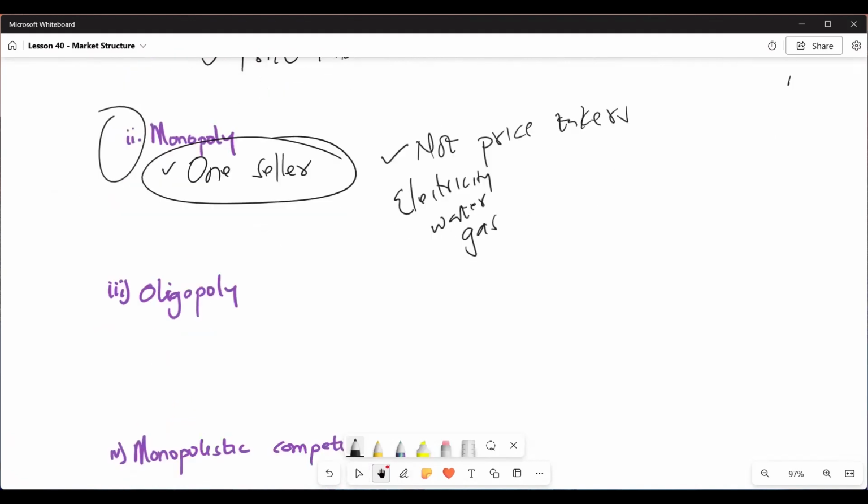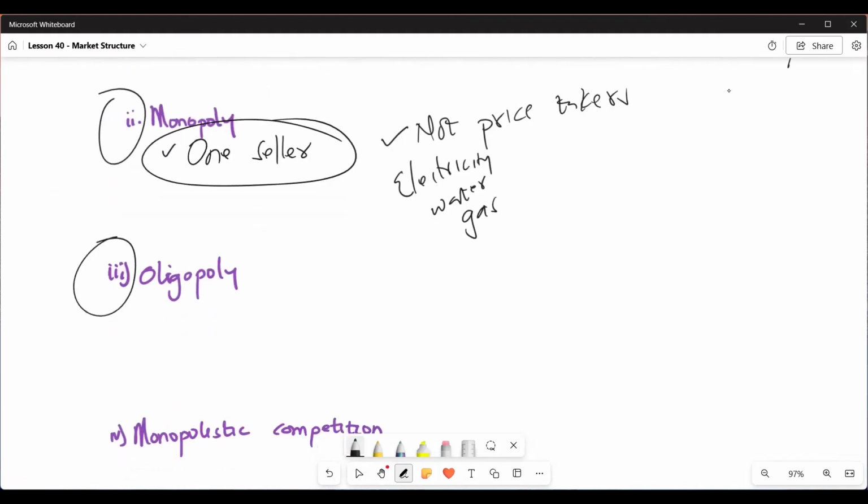The next market structure that we will look at is oligopoly. Oligopoly is sort of between monopoly and perfect competition. So it occurs when there are few firms that dominate the market. It's not like monopoly where we have one seller, and it's not perfect competition where there are many sellers, but a few or a handful of sellers in the market.